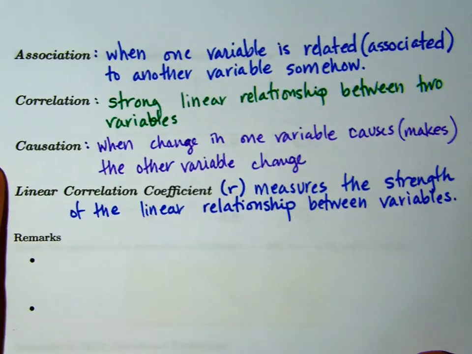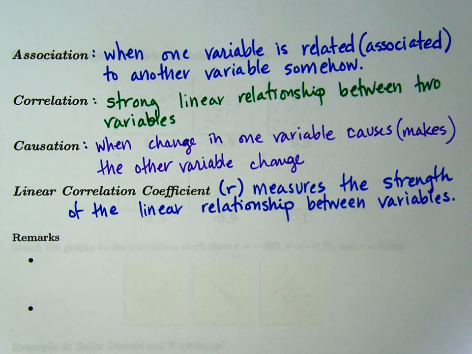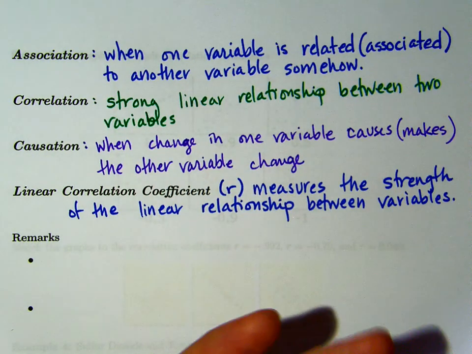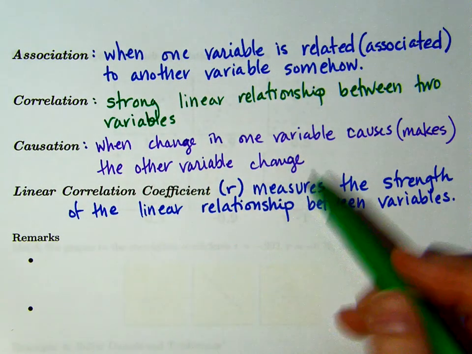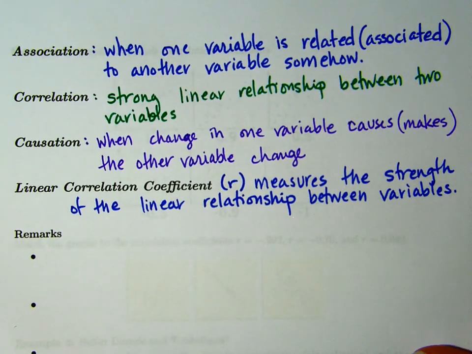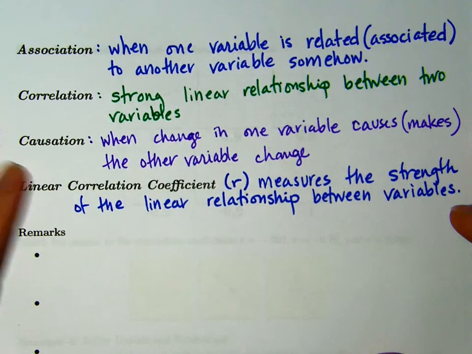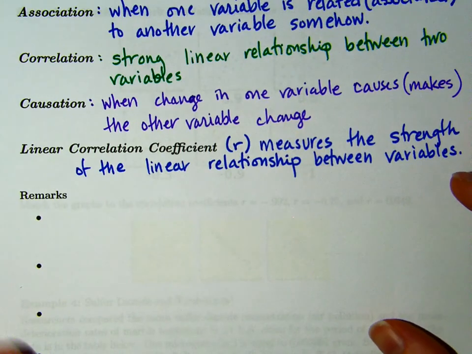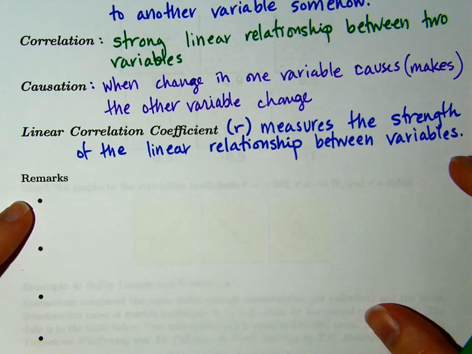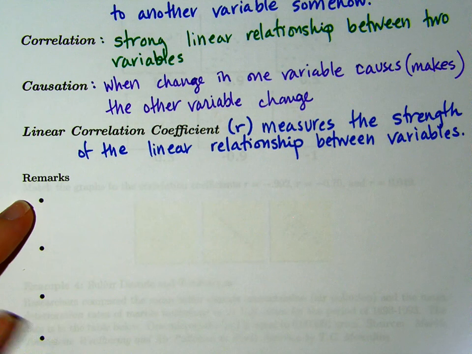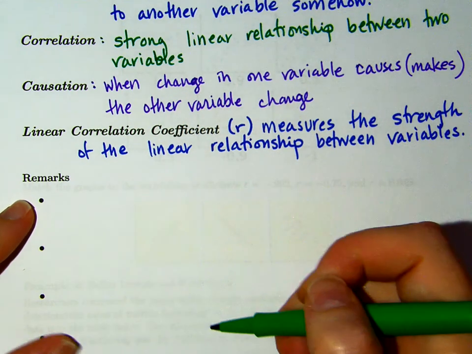So when I asked the question, how close is this data to looking linear? And I'm like, yeah, it's pretty close. Well, how close? I mean, give me a measurement. Is it super close? Not very close? In the middle of that last example, we found that it was like 97.5%. And that's pretty good. Pretty strong relationship. Okay, let's do a few remarks about this.